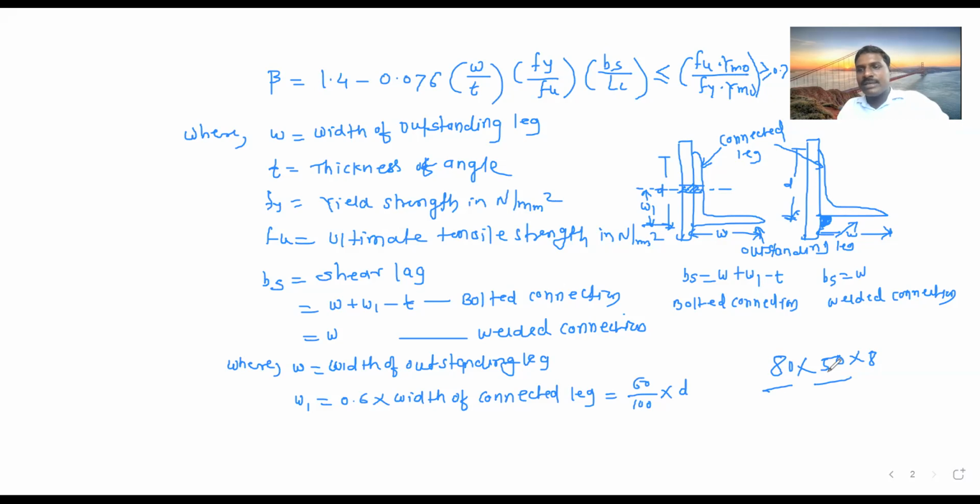Or sometimes in an example they tell us to connect the shorter leg; this is the shorter leg and this is the longer leg. If we connect the shorter leg, in that case the depth is 50 and the width is 80. So keep this in mind.